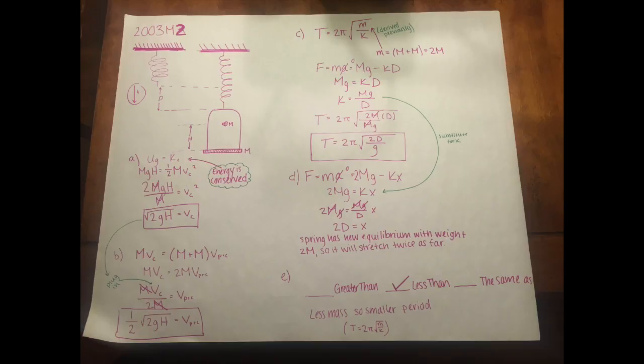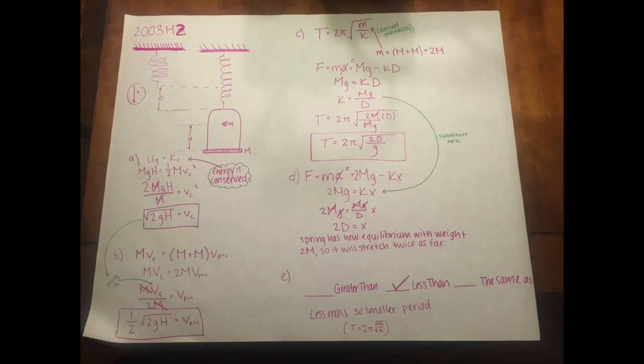So we again wrote out a force equation. So force equals the mass times acceleration, but at equilibrium acceleration would equal 0. So we were able to set 2mg, which is the mass after the collision, equal to kx, x again being the distance of displacement, which would be the maximum distance away from the equilibrium point in our second scenario with the mass already added to it.